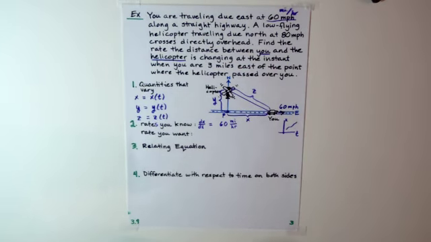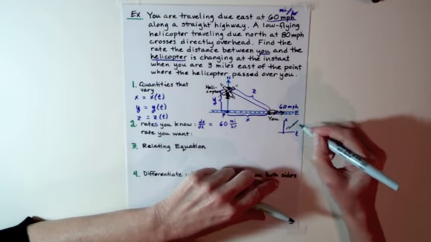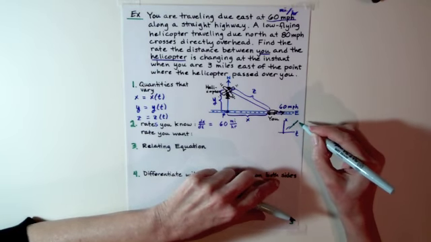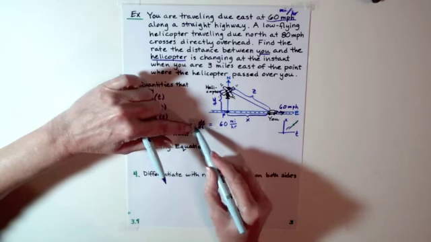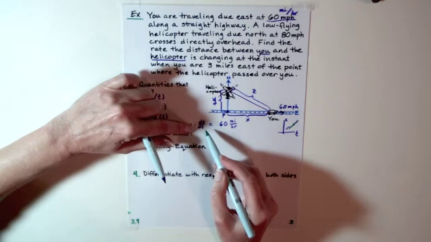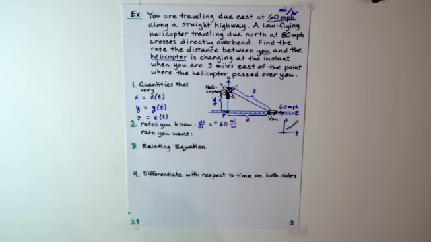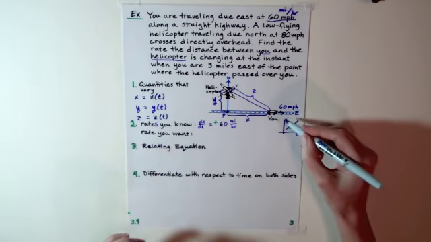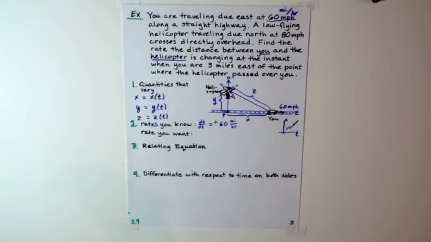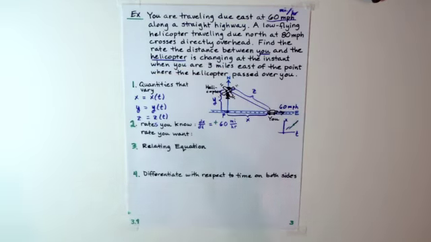What does that mean? It means that if I were to draw the tangent line to this graph at any point, it would have a positive slope. And remember, the slope of the tangent line to the graph is the same as the derivative. So dx/dt should be a positive 60 miles per hour. Not a negative. That would mean that x was a decreasing function in time. It would mean that you were going towards P instead of away from P.